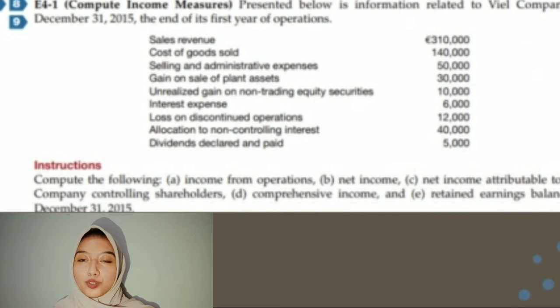Then we move on to the exercise question. In this case, it is required that we calculate A. Revenue from operation, B. Net income, C. Net income attributable to the controlling shareholder of the company, D. Comprehensive income, and E. Retained earnings December 31, 2015.